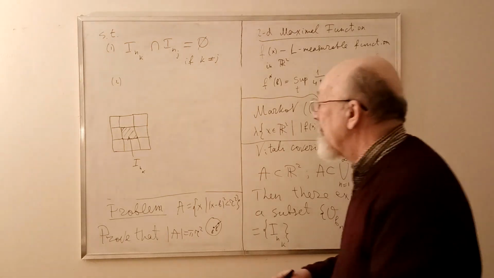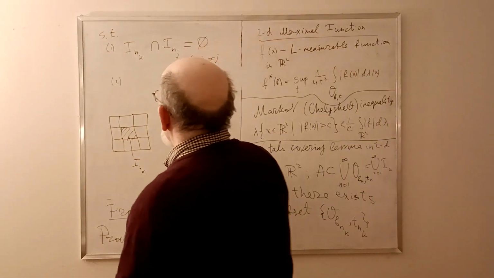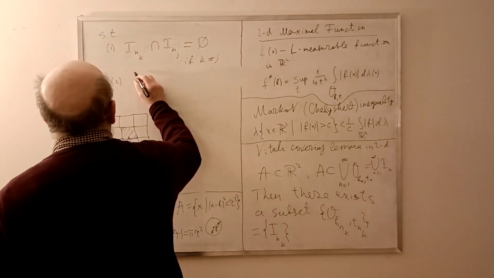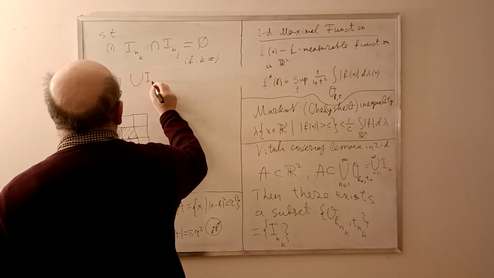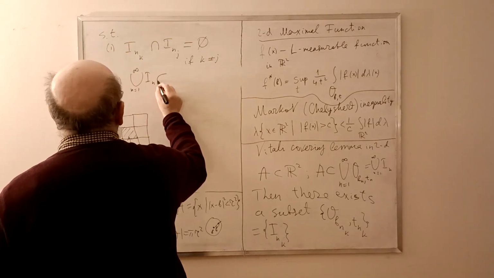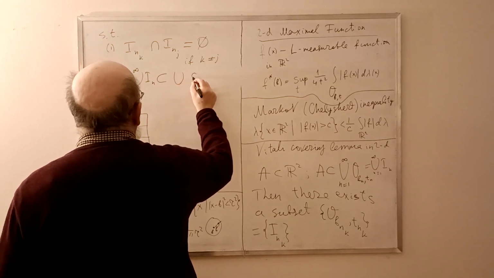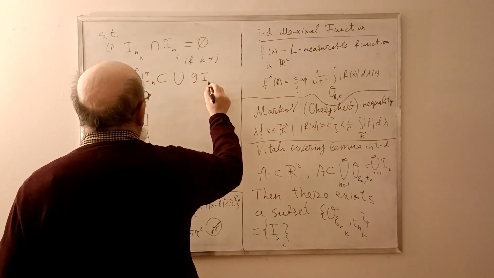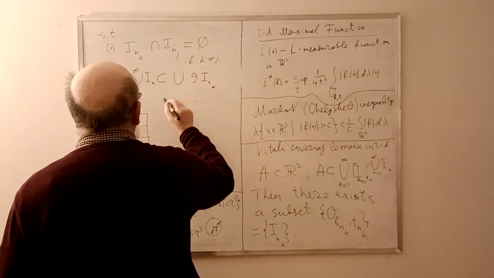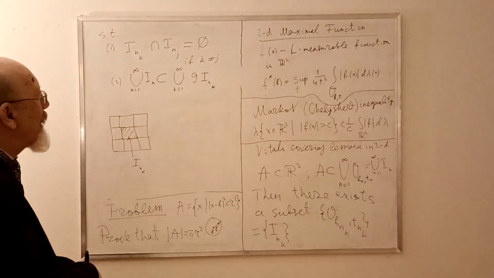So we have to use that the union of I_n is contained in the union of 9 I_k.